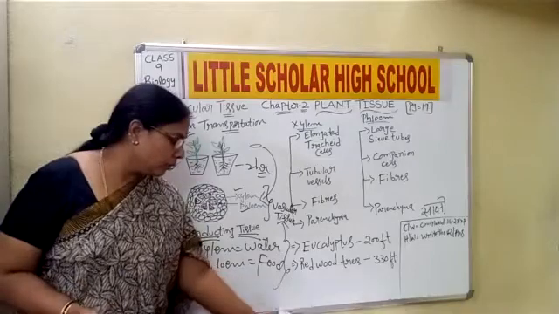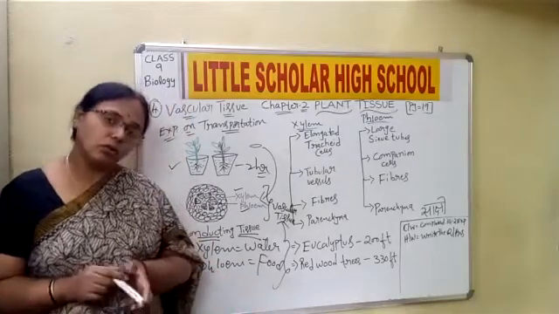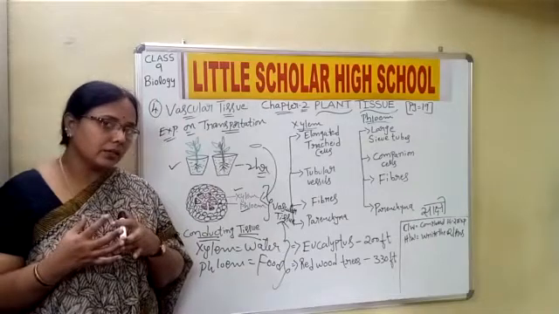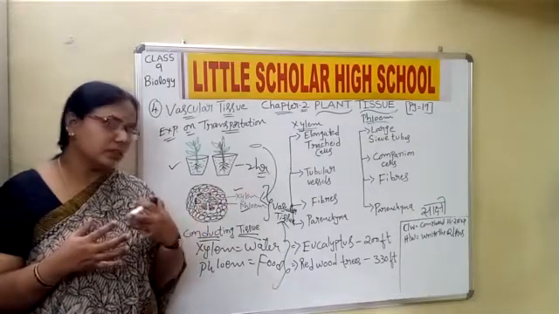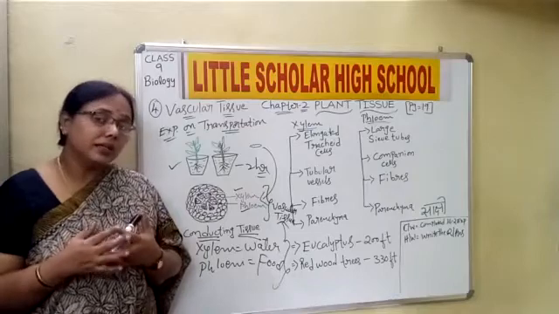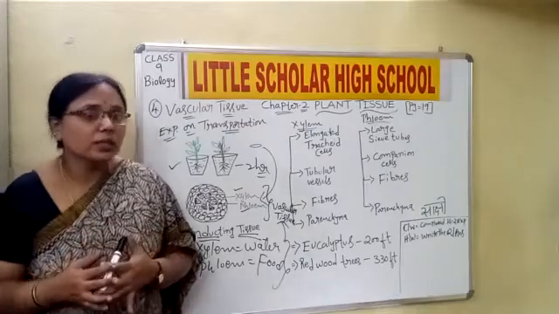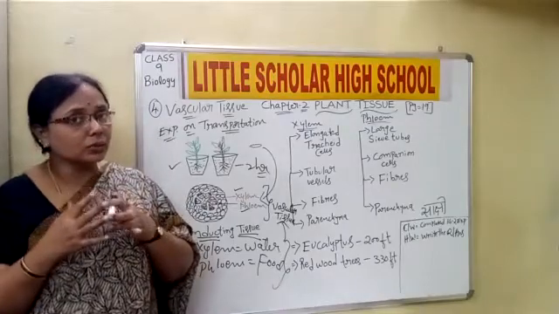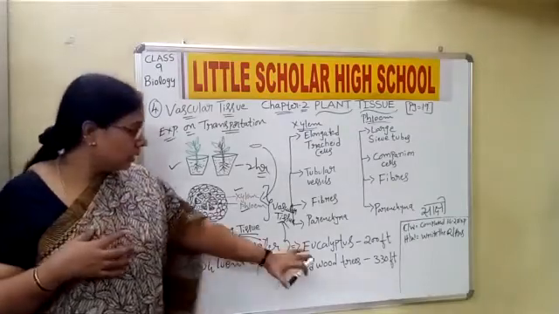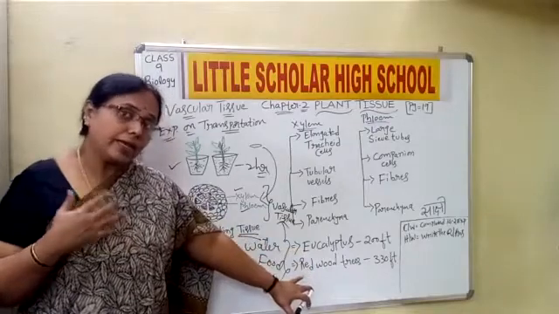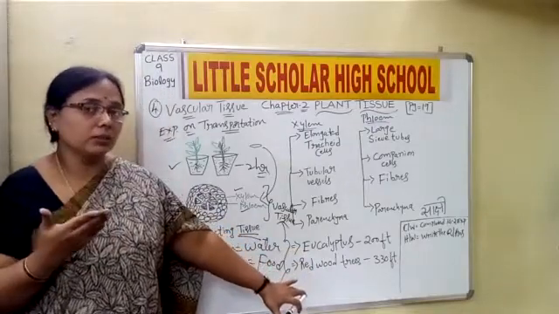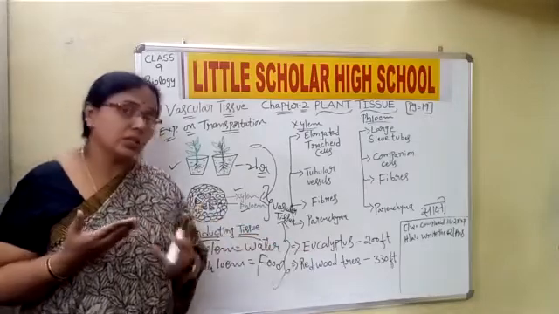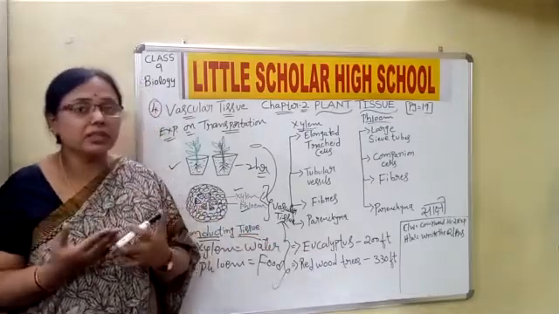Now when we talk about the conduction of water or food, children, in small plants we can understand that maybe because of the cells it is easy, but this process is equally strong in the larger plants also, like the eucalyptus, which is a height of 200 feet, or the redwood trees which are about 330 feet.